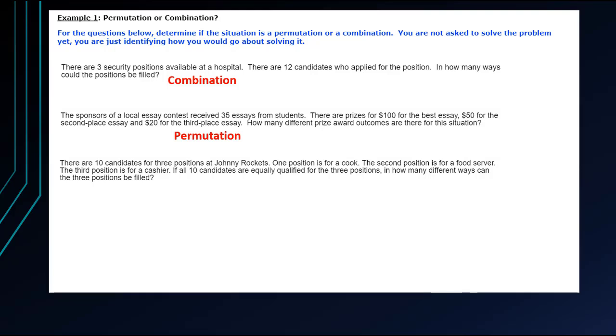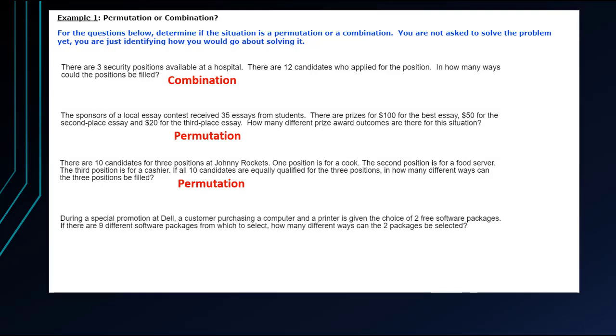So again, the order matters here, because someone being hired to be a cook versus being hired to be a cashier is totally different. I don't necessarily know how realistic the situation is, but this would be a permutation because the position being filled by a certain person could be different, and that's the reason why it's a permutation.